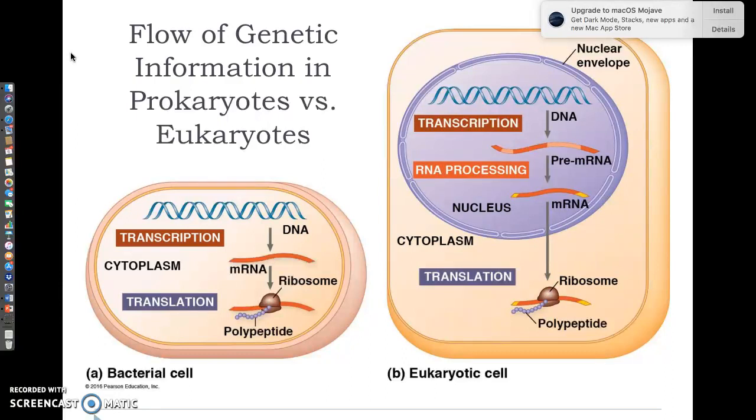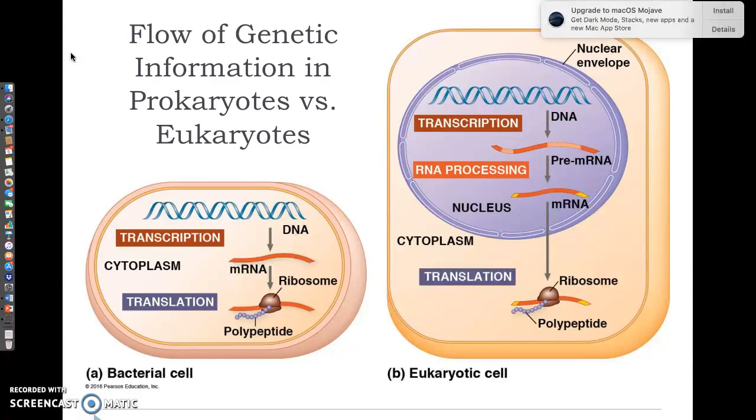So again, DNA is going to essentially make the RNA, which is going to then code for that polypeptide. All this can be occurring at the same time because there's no divider, there's no nucleus inside that bacteria cell. So as soon as that strand of RNA is made, it can be read and a protein or polypeptide can be made.